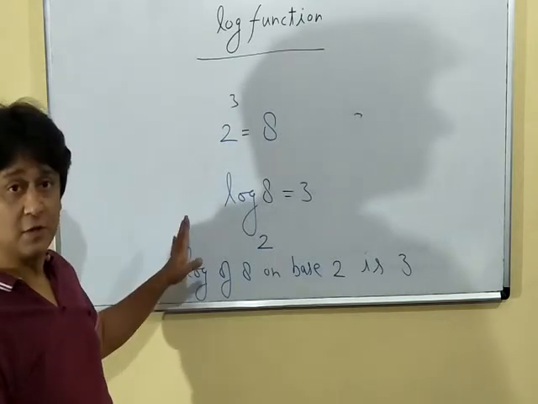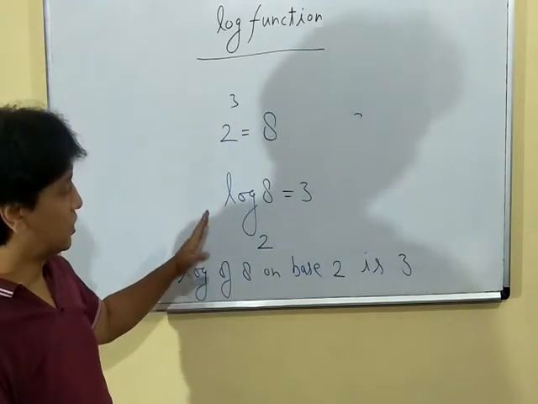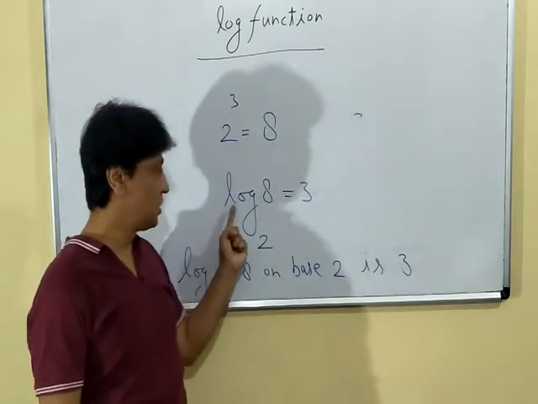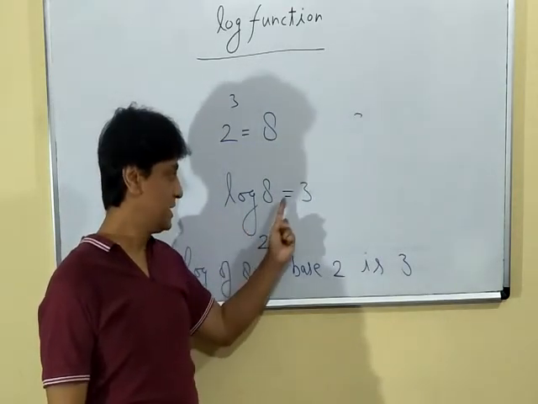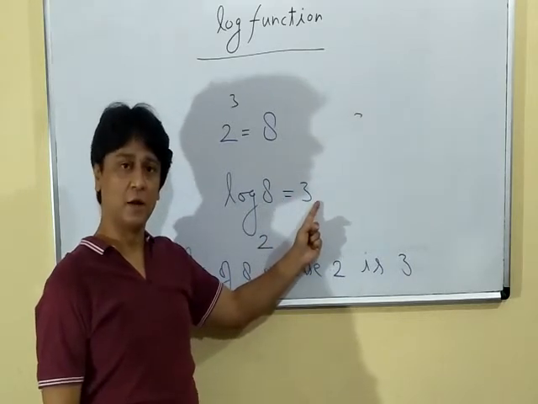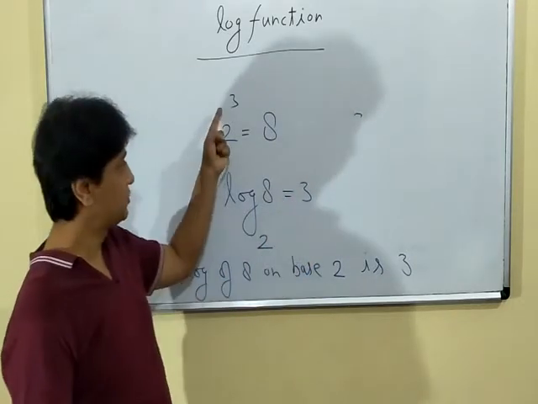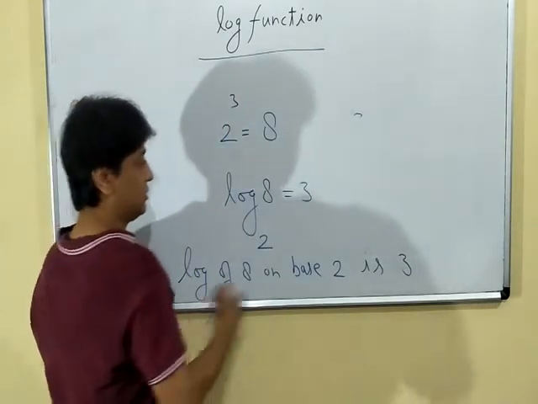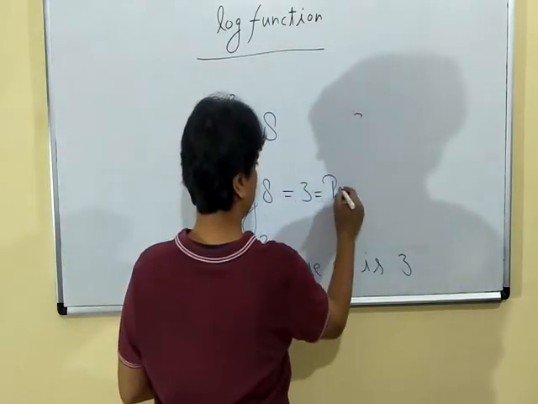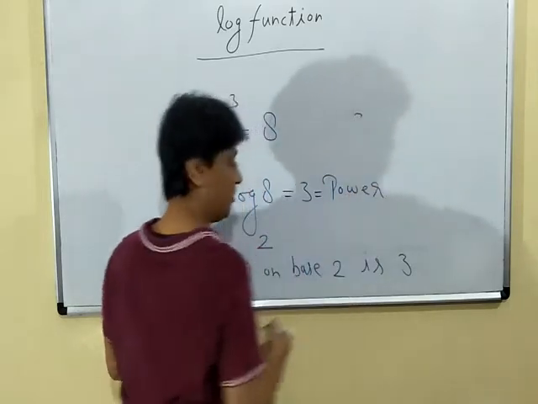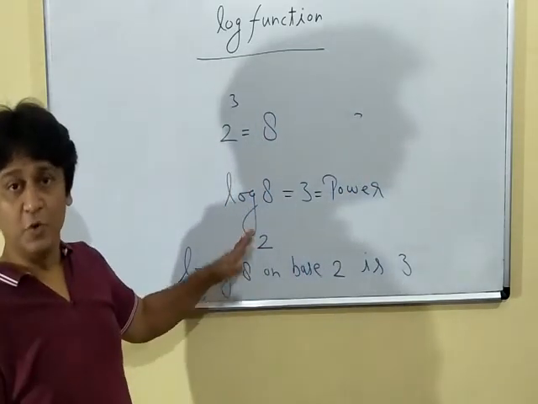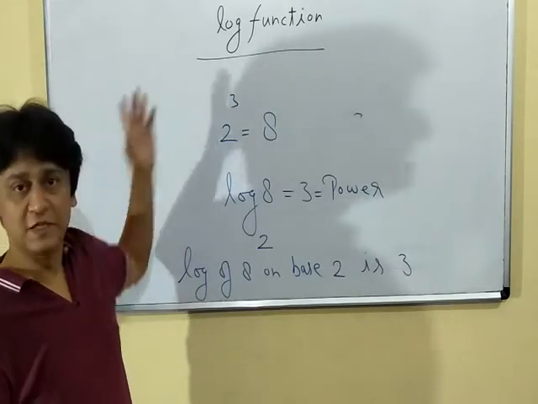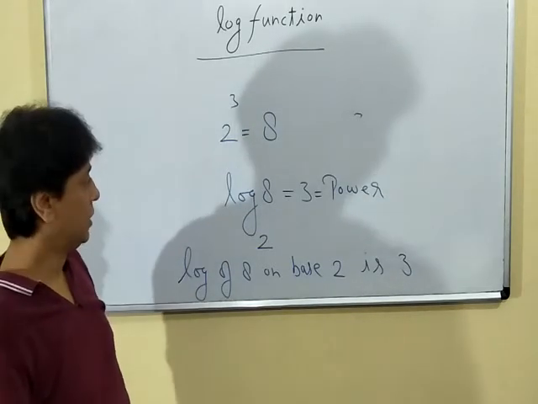Which means now everyone knows what log is. क्या है? What is log? Log is equal to 3. And what is 3? 3 in this case is power. Since 3 is power, we say that log is nothing but power.